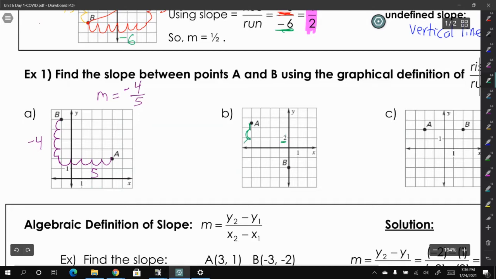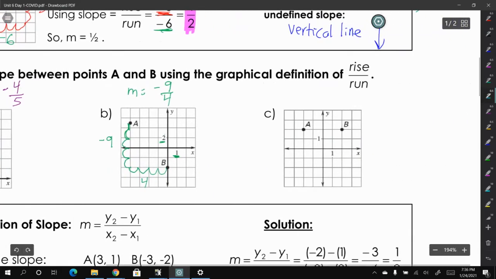So 3, 5, 7, 9. So we went down 9, and we're going right. Well, we're going by 1's when we go in the horizontal direction. So 1, 2, 3, 4. So our slope is -9 over 4.